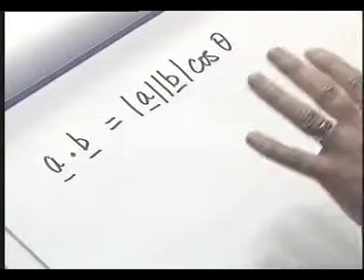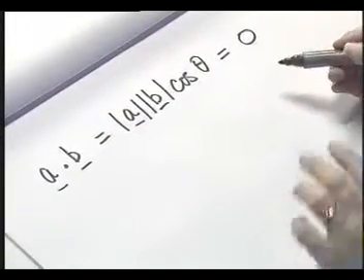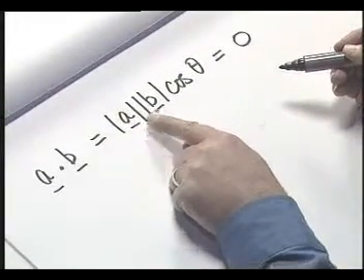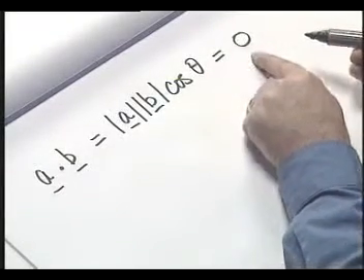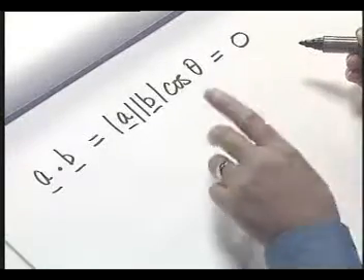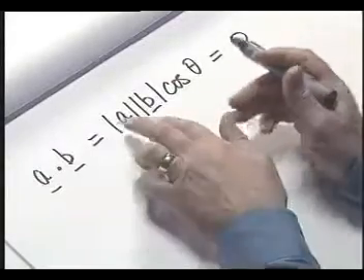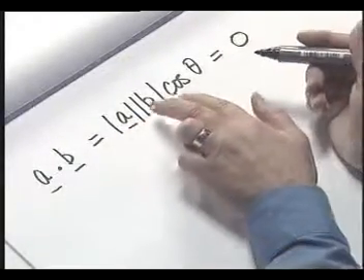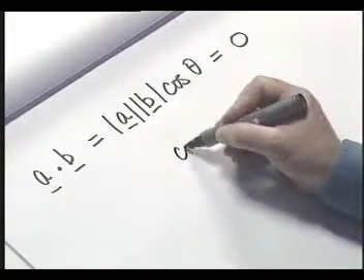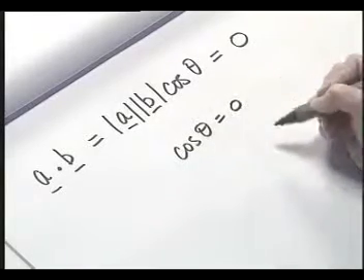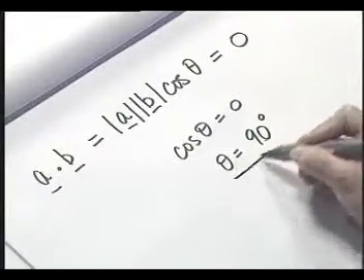Now if we find that when we work this out the result is 0, then either the modulus of A must be 0, or the modulus of B must be 0, or alternatively cosine theta must be 0. Now if we know that the two given vectors do not have a 0 length, in other words the modulus of A can't be 0 and the modulus of B can't be 0, then the only conclusion we can draw is that cosine theta must be 0, and from that we deduce that theta must be 90 degrees.